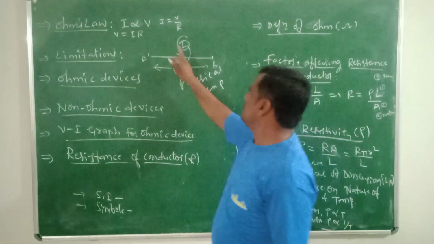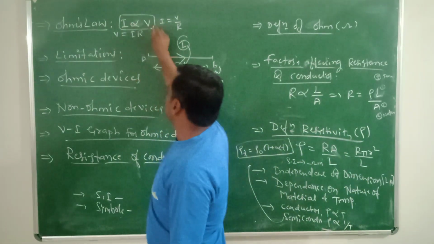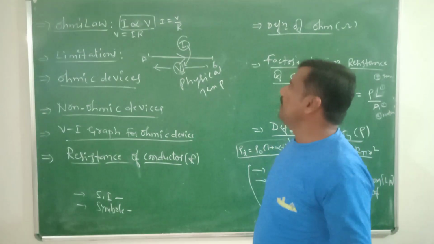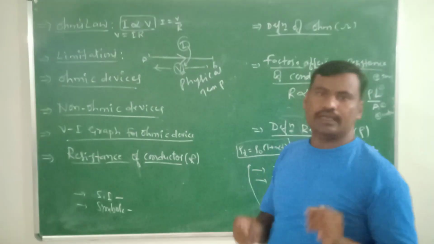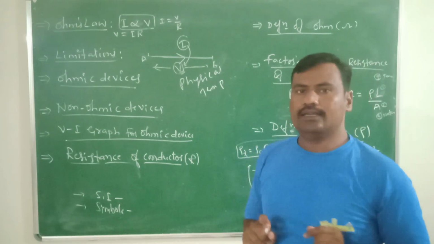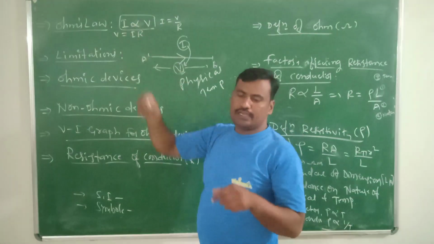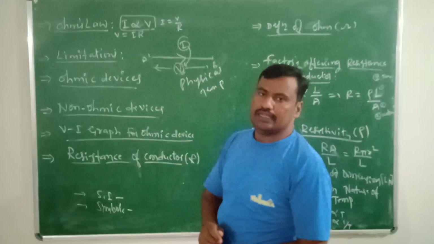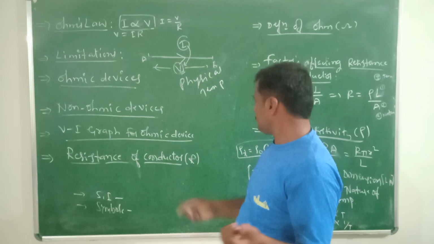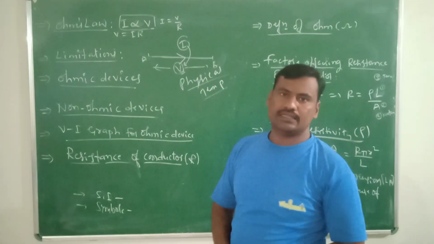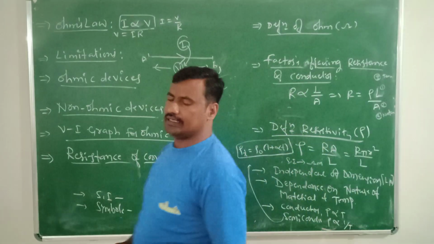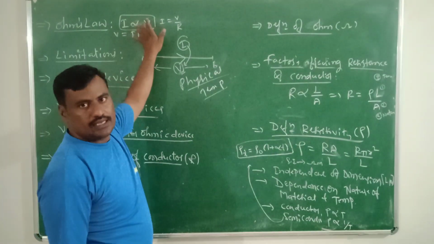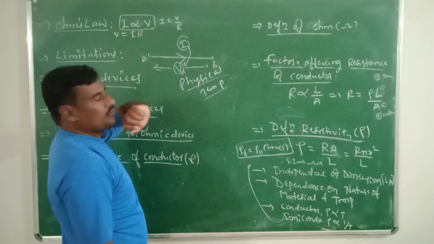Then only this is possible: I is directly proportional to V. Once again, the statement: the current through a metallic conductor, or simply a current carrying conductor, is directly proportional to the potential difference between its ends, provided some physical conditions like temperature are kept constant. Then only this law will be valid: I is directly proportional to V.